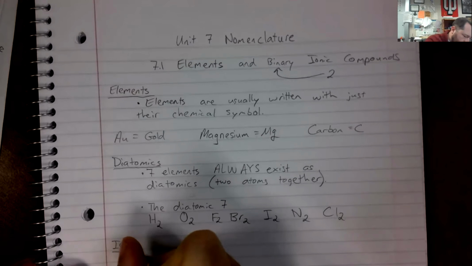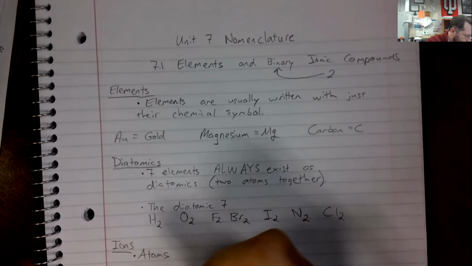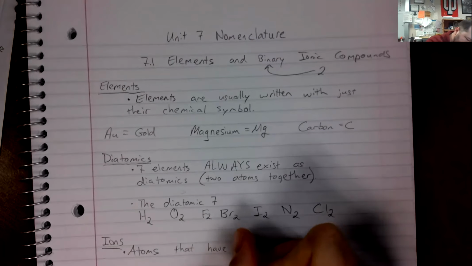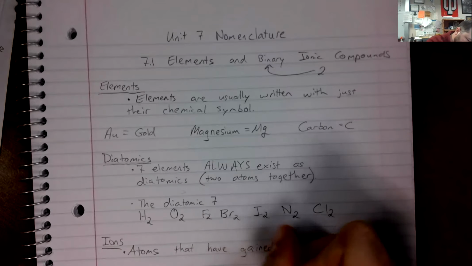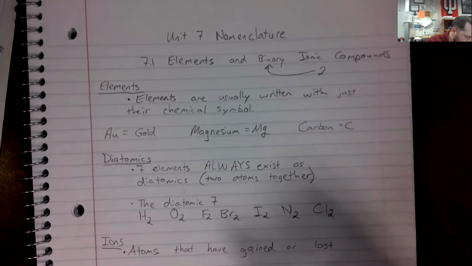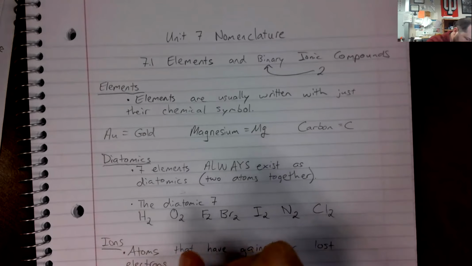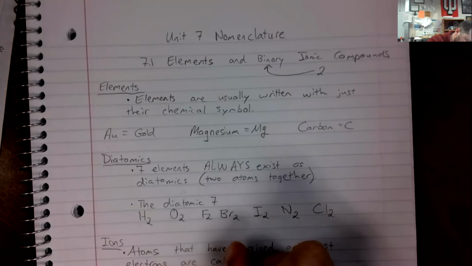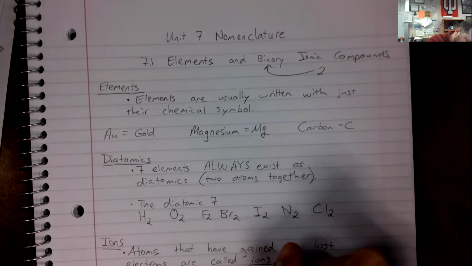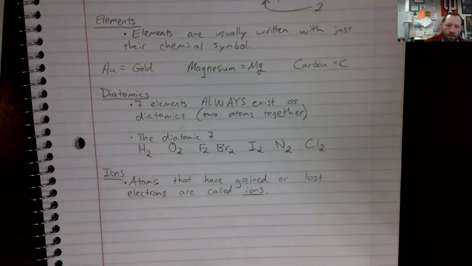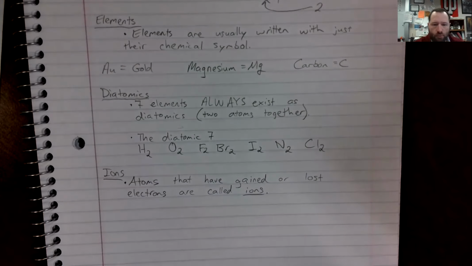Next up, ions. A little bit of review here. And all atoms are neutrally charged, meaning they have the same number of protons with positive charges as electrons with negative charges.